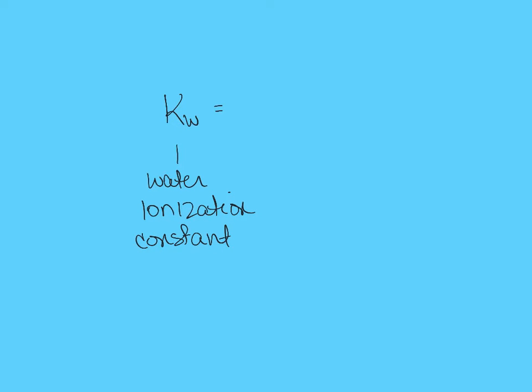And in water, at 25 degrees Celsius, we have this constant that we call the Kw, which is the water ionization constant, okay? And we come up with it literally by taking the concentration of hydronium ions at 25 degrees Celsius, because this Kw changes depending on the temperature, and the OH minus concentration.